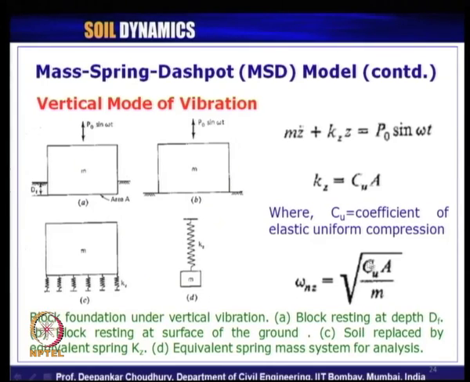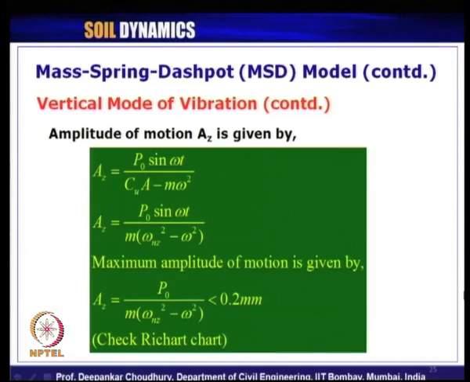Now, Cu is already obtained from the field test, as I have mentioned. So, you can get your Kz, from which you will get your omega n z. How is the amplitude of motion calculated? Amplitude of motion Az. Why Az? Because in the vertical direction this amplitude will come. So, this will be P naught sin omega t by k minus m omega square.